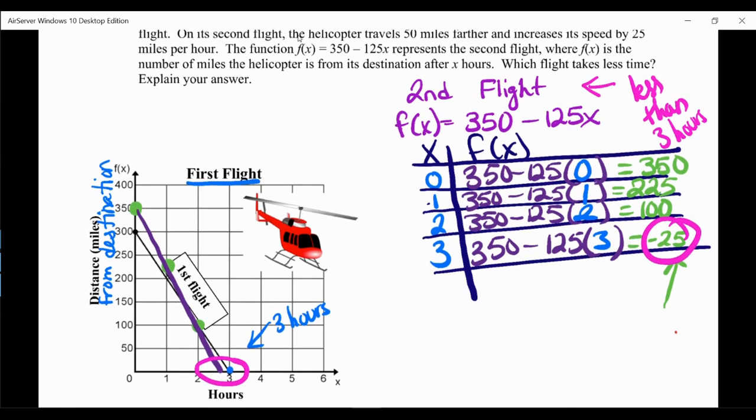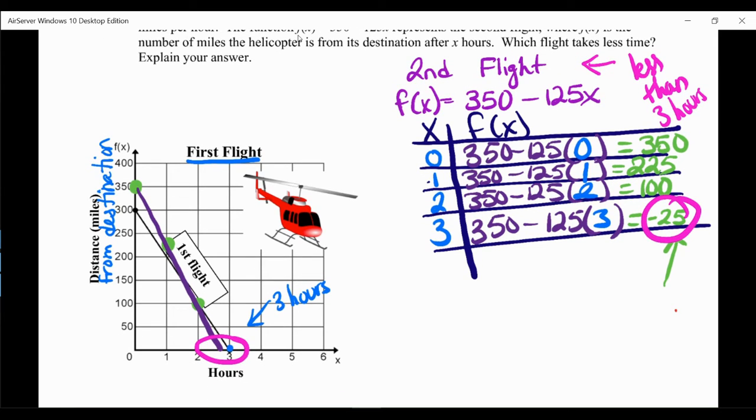So graphically, we know that the second flight got there sooner because it intersects the x-axis before the first flight did. It got to a distance from the destination of 0 sooner than the first flight.